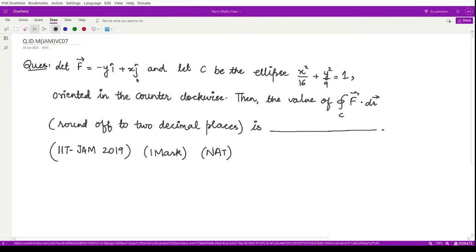In this video, we shall be looking at a question from IIT-JAM 2019 consisting of 1 mark, and this is a numerical type of answer, right?